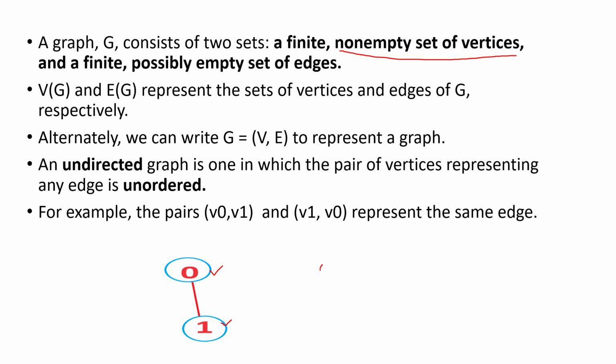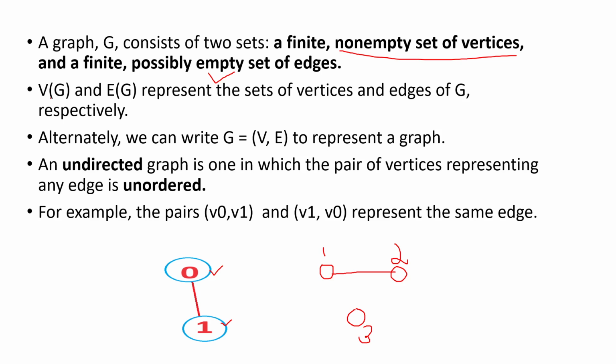For example, these are my nodes. This is also a graph. This is 1, this is 2, this is 3. 1, 2, 3 are the vertices, but edges are not there, an empty set of edges. This is also a graph. 1, 2, 3 are the vertices. There is an edge from 1 to 2, but there is no edge from 1 to 3 or 3 to 2. We can have an empty set of edges, but vertices cannot be empty.